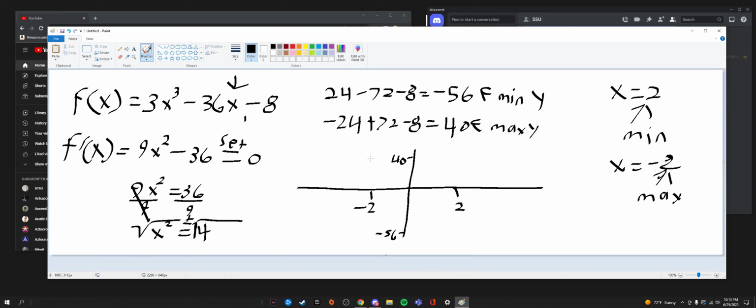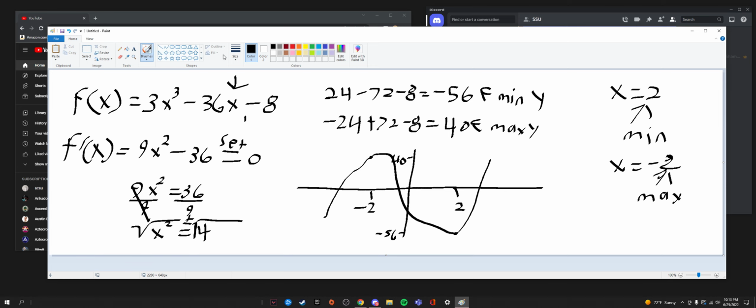We can draw one dot here and one dot here, and because of the general shape of a cubic, it's going to look something like this, where it hits our minimum point and goes back up. And up until we hit our maximum point, we are still increasing. That is an awfully drawn cubic.